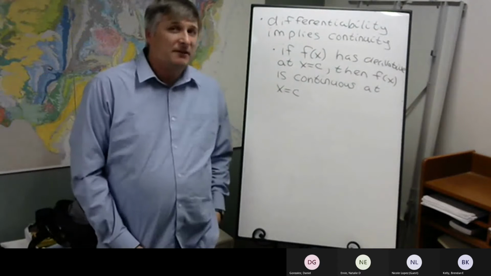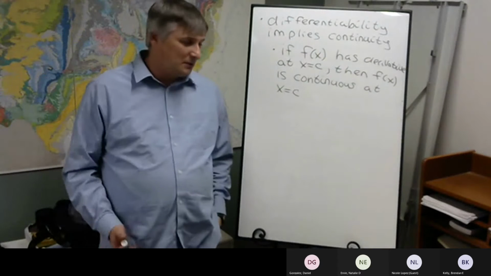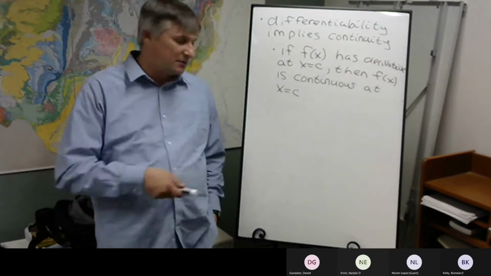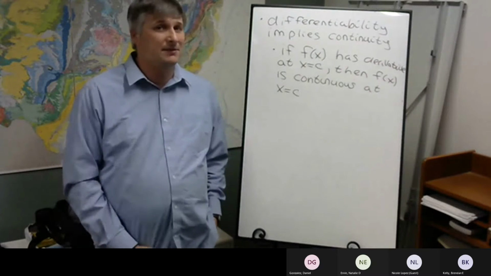So basically, one way to figure out if something's continuous, you can compute the derivative. If you have the derivative, it's going to imply that you have something that's continuous.